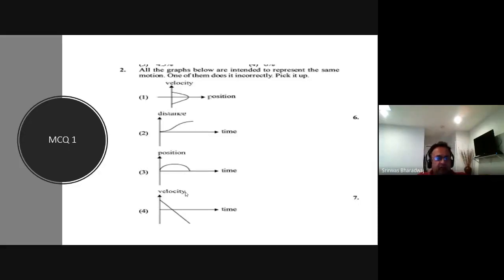So S equals UT plus half AT squared, a parabola. But if the A is positive, the body is accelerating, and it will be an upsloping parabola. So here, 3 and 4 both represent, 4 is V versus T. If V versus T is a straight line, that means it is a decelerating body, okay?